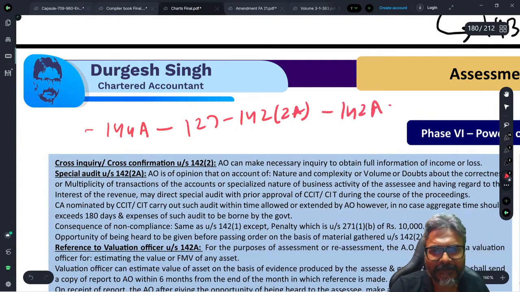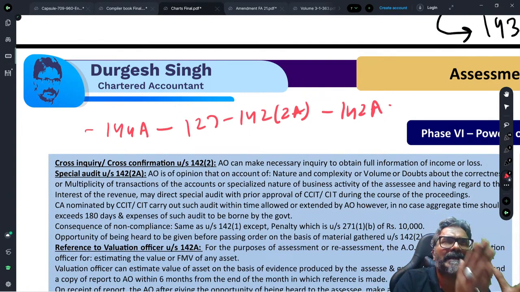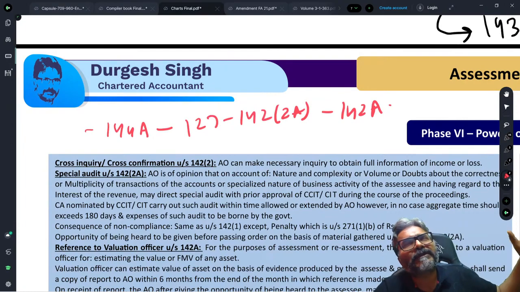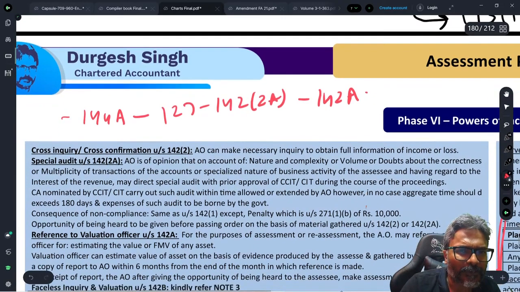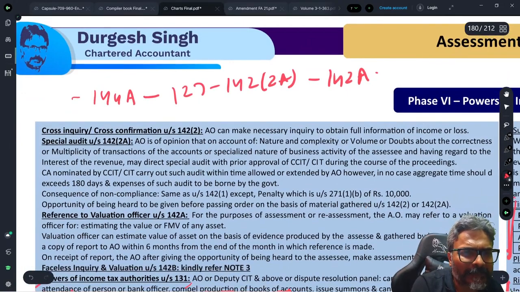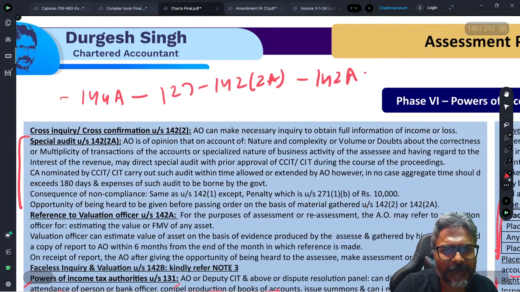This is the last segment of the powers which will enable the AO to gather the material or the evidence on the basis of which the AO is going to pass the order. Students, I just want you to give 1 minute, and please read this special audit of 142(2A). Just read the special audit of 142, in a minute's time, peacefully.